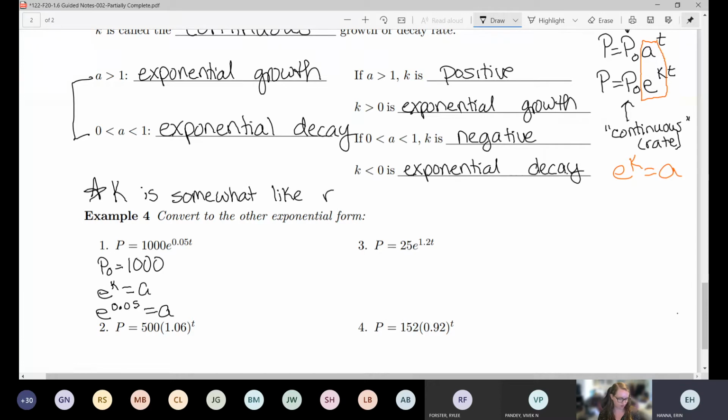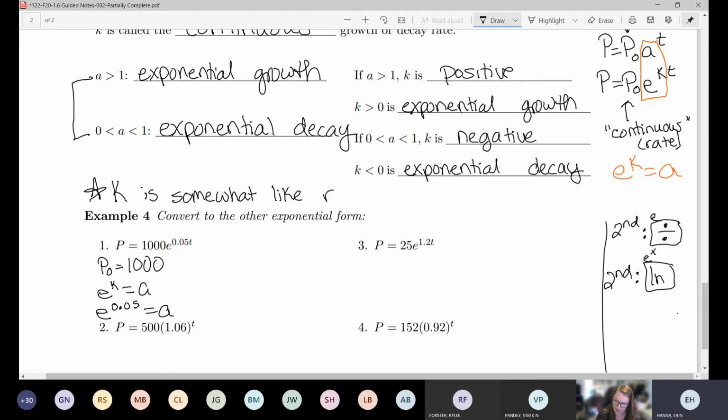If you're not aware of where the e button is, there's kind of two choices. If you have a TI-84 or 83, you hit second, and then you can either hit the division symbol, because if you look at the division, there's a little e above it, and that will just get you e in general, or you can hit second and then the ln button.